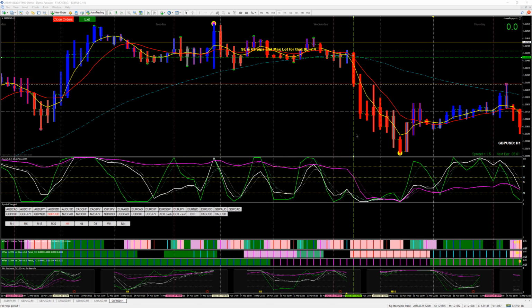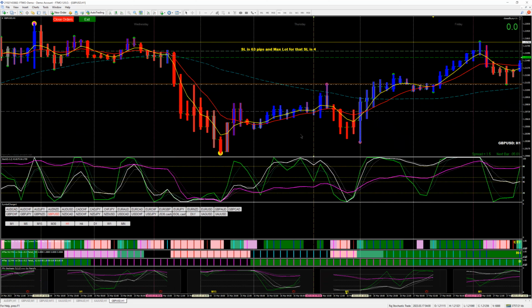Okay, you come to the next day. We are once again looking for a short, but we are in a retrace on the 1 hour. It's up to you whether you want to trade this or not. You're no longer looking for shorts on the 1 hour, and you're doing a counter trend cycle.